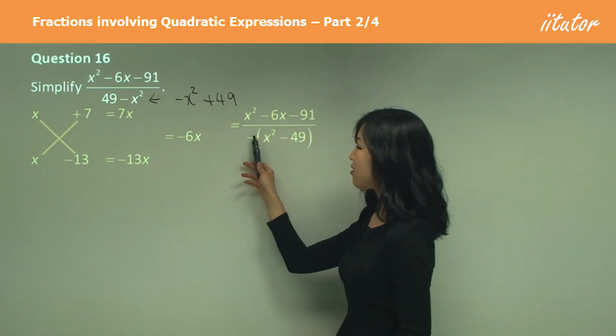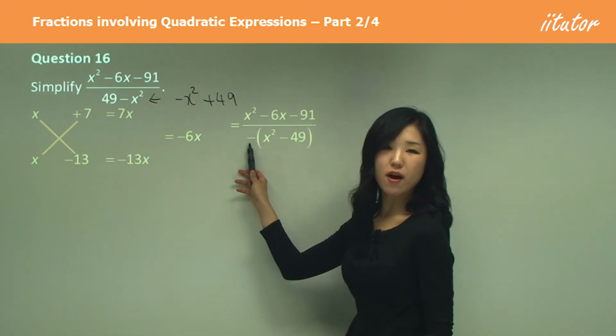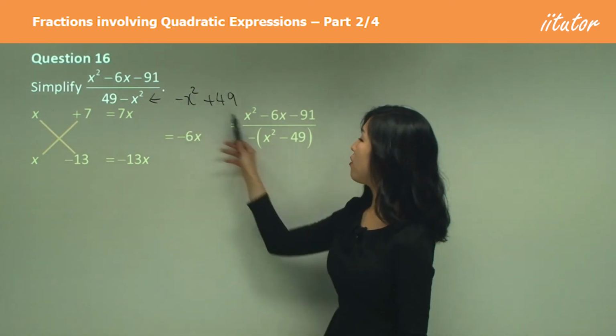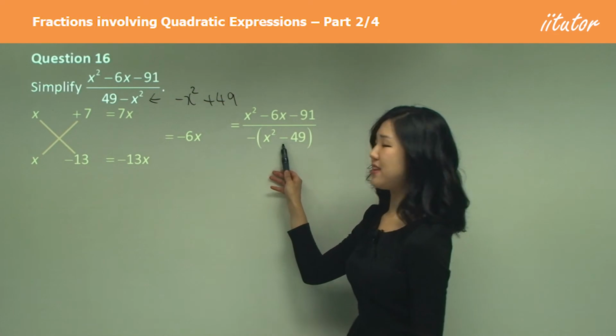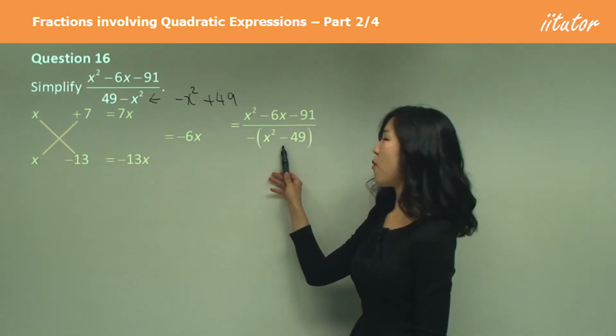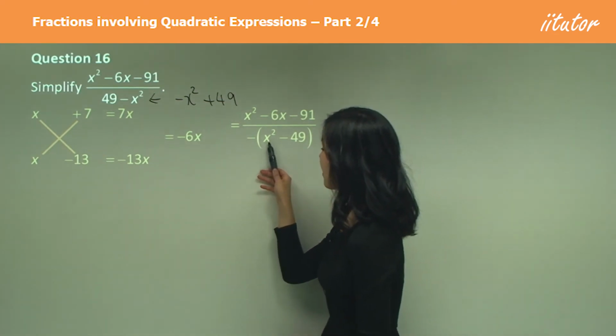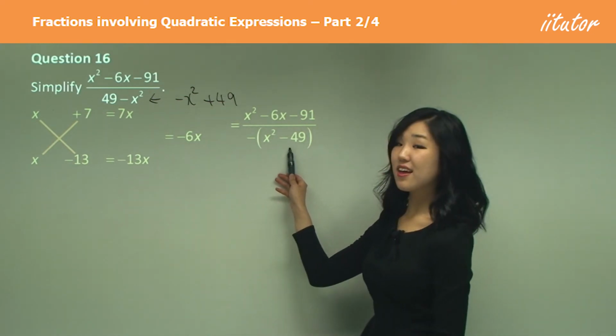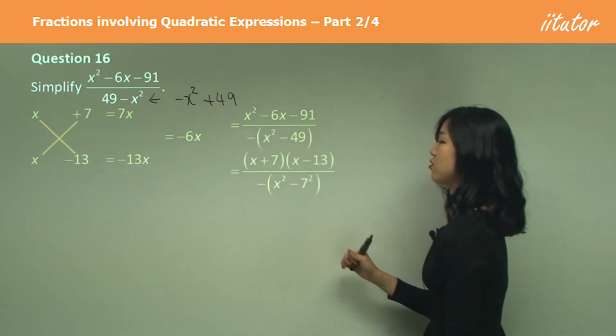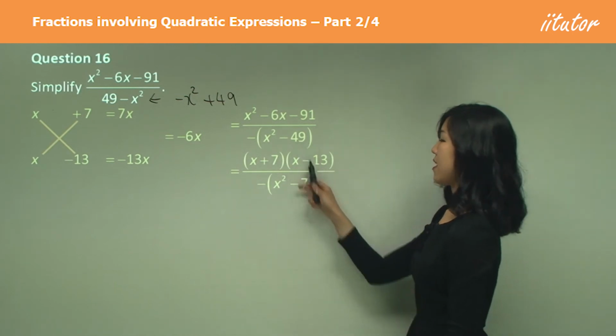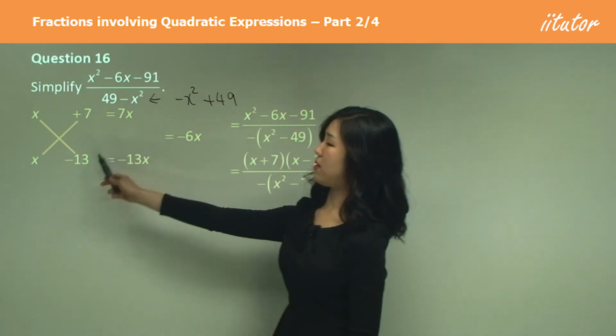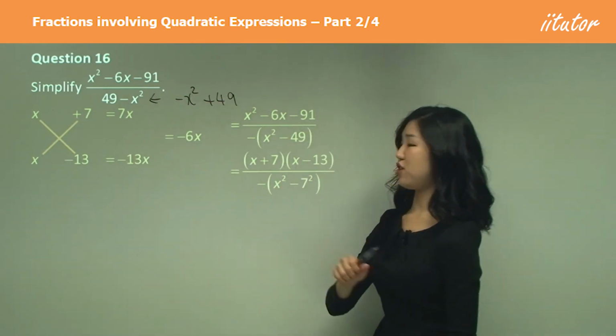So I factorized out -1 basically. And then that will be positive x squared, and that will change to a -49. And the reason why I did that is because I can see that it's going to become x squared minus 49, which is 7 squared, isn't it? 49 is 7 squared, and I just replaced (x plus 7)(x minus 13) for the numerator because I've just done the quadratic.